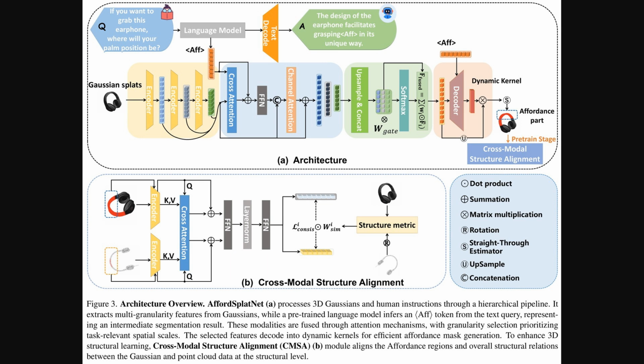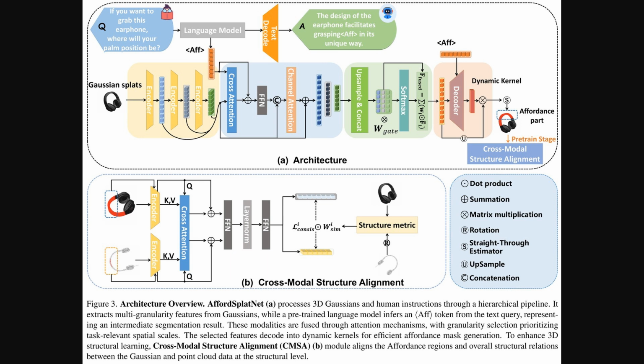Simultaneously, the text query is processed by a language model to produce an "AF" token, basically a compact representation of the affordance being asked about. Then, these two streams of information, the visual features from the Gaussians and the textual information from the query, are fused together.